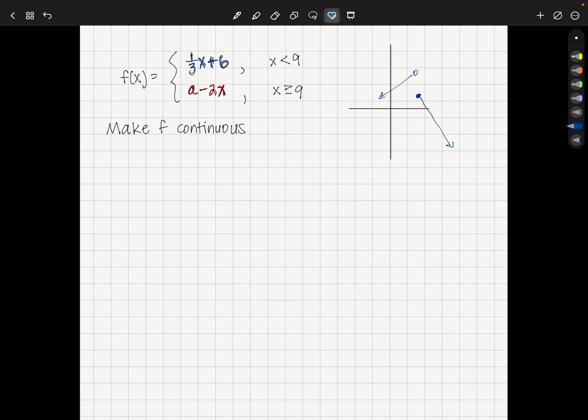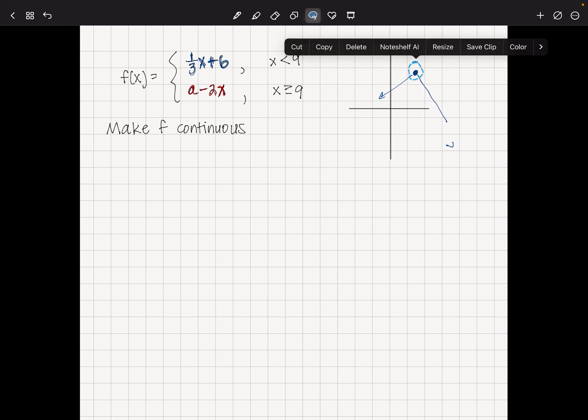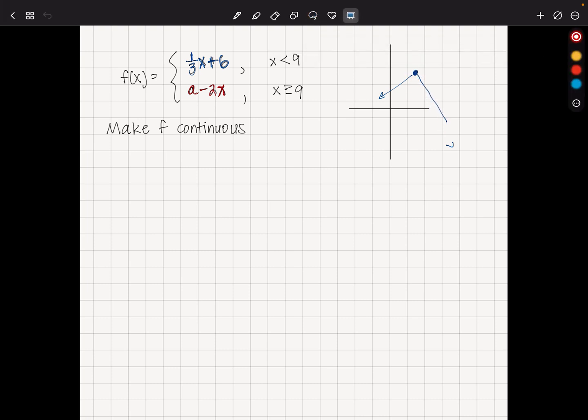This right here is considered a jump discontinuity. What we'd like to see happen is we'd like to see that continuity so that where one piece ends, the other begins, meaning that they're going to share that same y value.